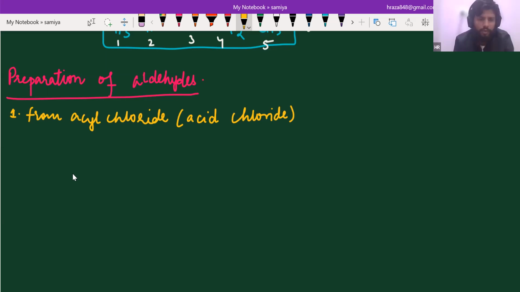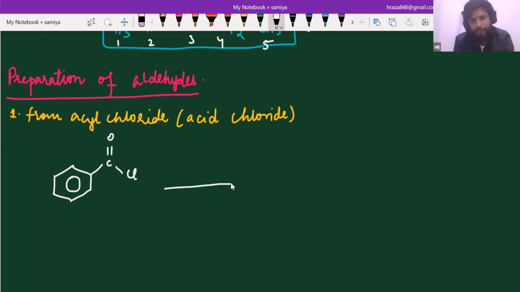Now I'm going to show you: if this is your benzene and you have the functional group of acyl chloride, you use H2 in the presence of Pd-BaSO4, palladium and barium sulfate. Then this will be reduced and hydrogen will be added at the place of Cl.